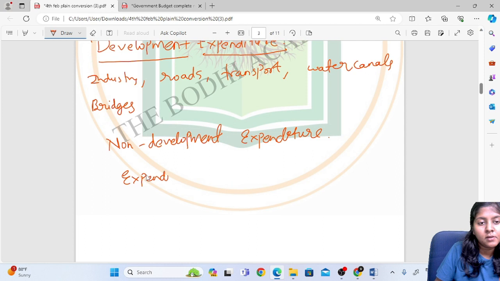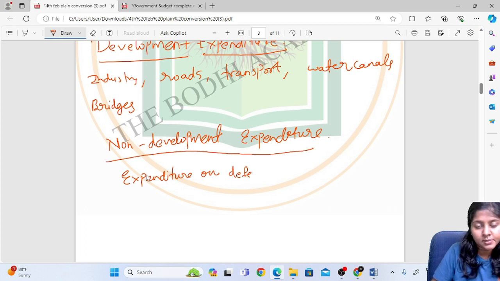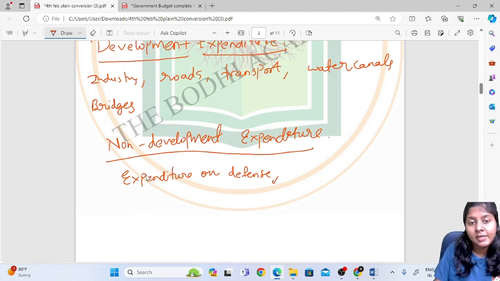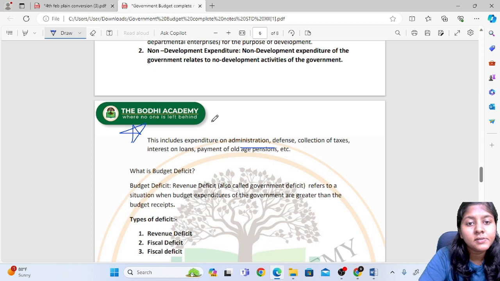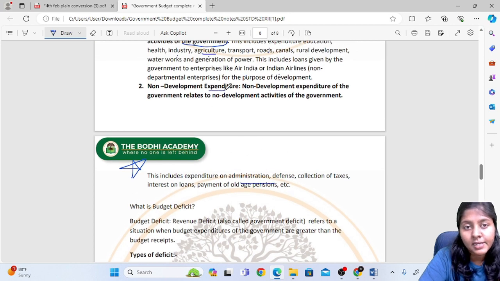Or we can say any expenditure on old age pension fund, or administration, defense. This is non-development expenditure.